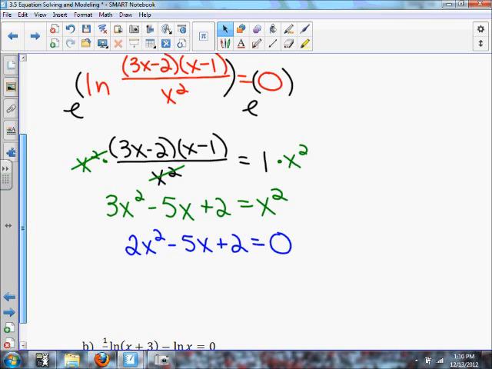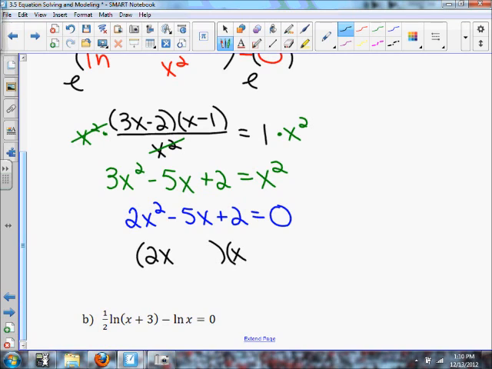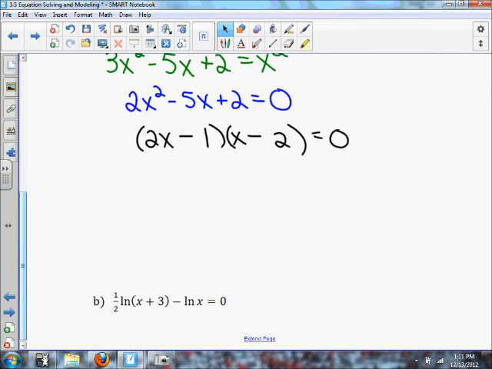Sure. Yes, it's factorable. So we can factor that to 2x and x, 2 and 1 equals 0. Which means x will equal 1/2 or x will equal 2.